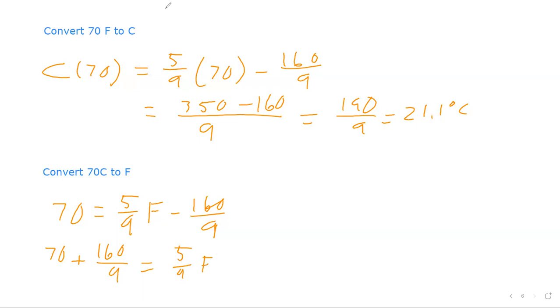We need a common denominator, so we'll multiply that by 9/9. 9 times 7 is 63. So 630 plus 160/9 equals our 5/9 F. That would give us a 790.